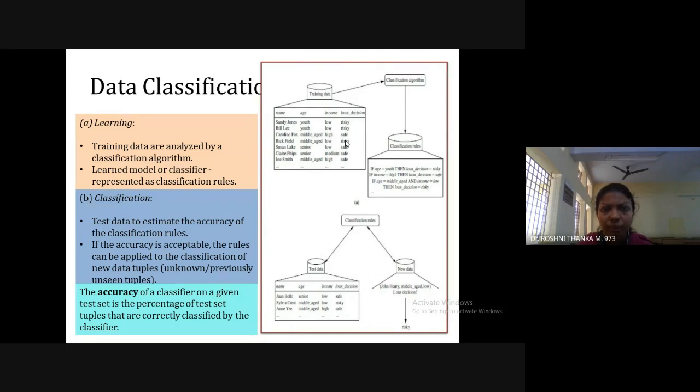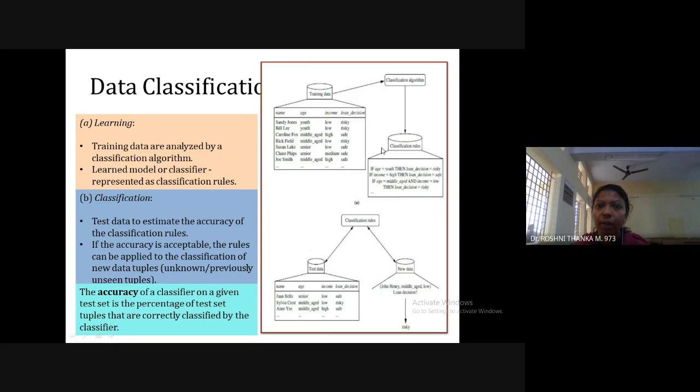If you see here, this is a data set which contains data features like name, age, income, and we want to see whether we can provide a loan to this particular person or not. We apply a classification algorithm and generate a model.